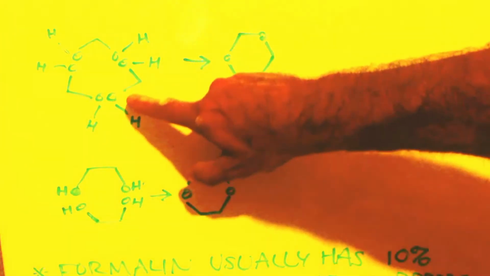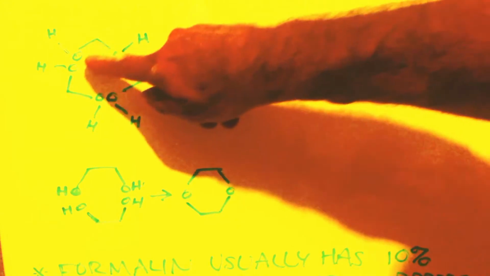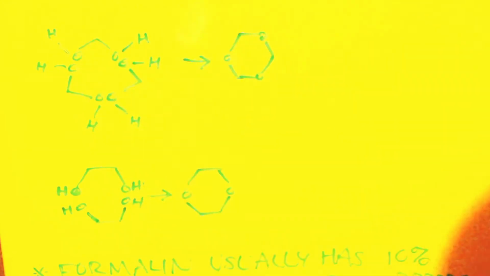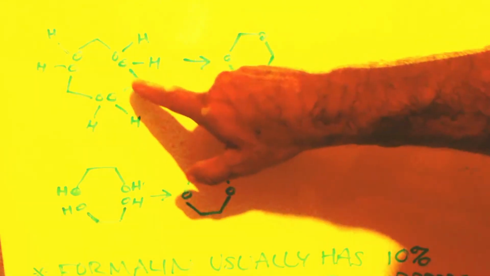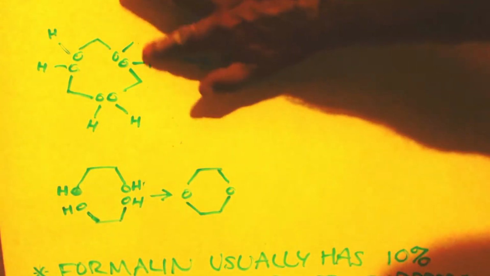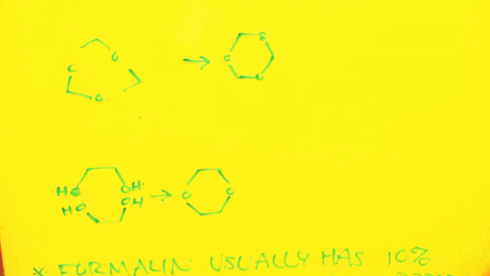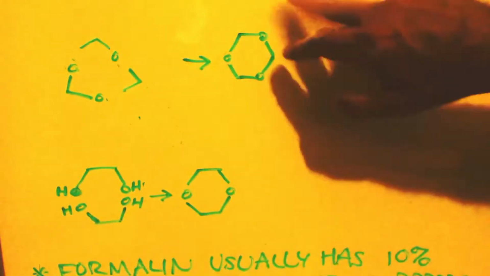I want you to see these are the 3 methane diols that the formaldehyde turns into. But look how if I take out an H2O on each one, look at what you end up with. I drew it better here. It's a 6-membered ring.